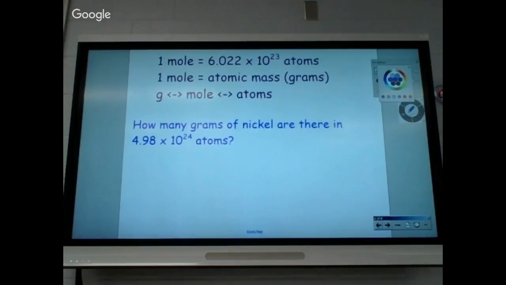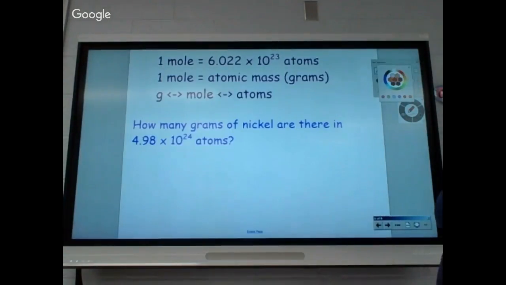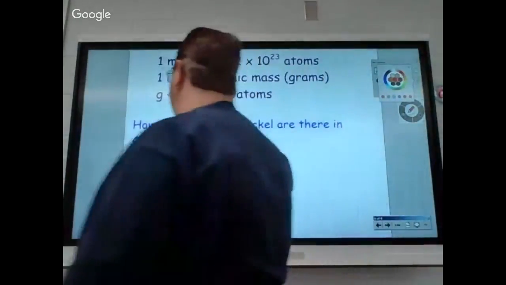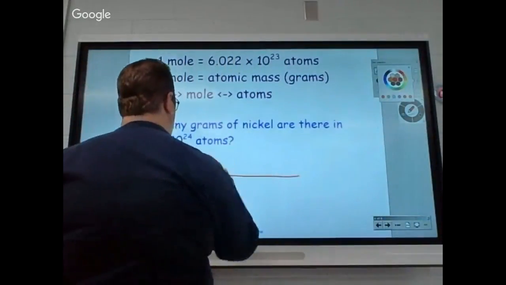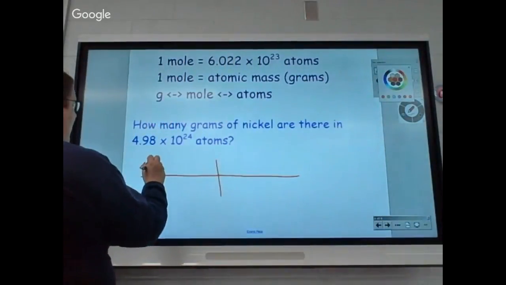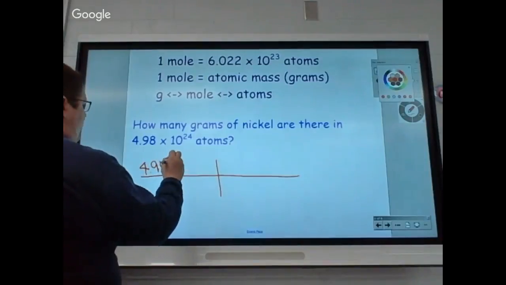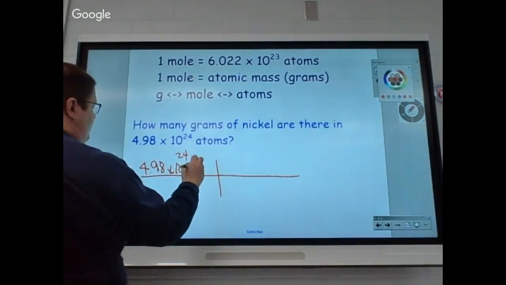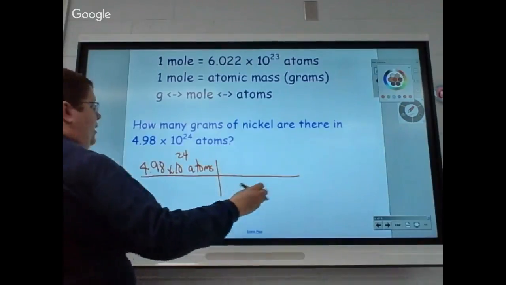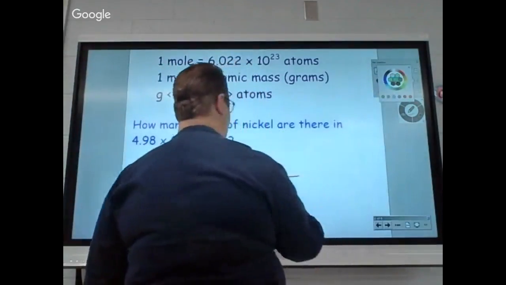All right, we're ready? So, tell me what's different about this one and the last two. Anybody see anything that looks weird? All right, grams to atoms. And the last two, what has been in the question that's not in this question? Moles. All right, so when we set up this chart, we have 4.98 times 10 to the 24th atoms. And you put atoms on the bottom line.